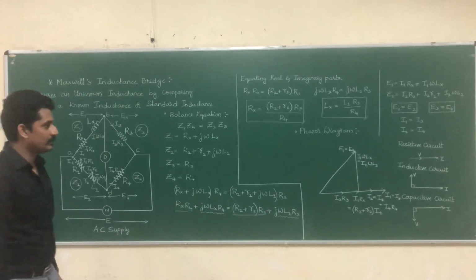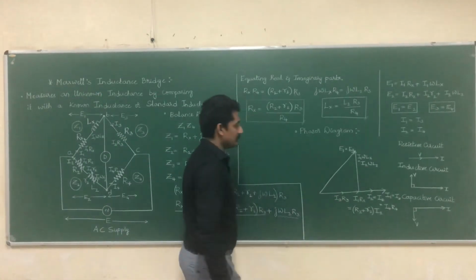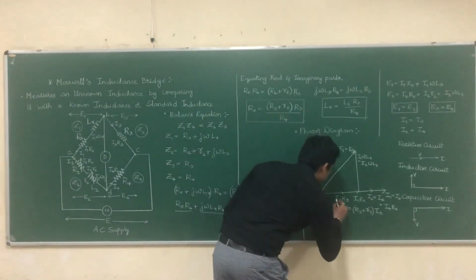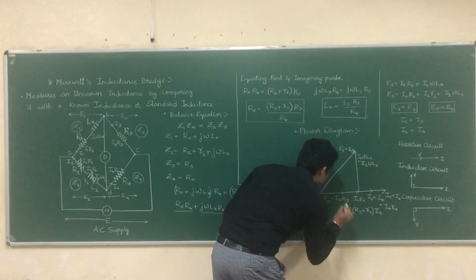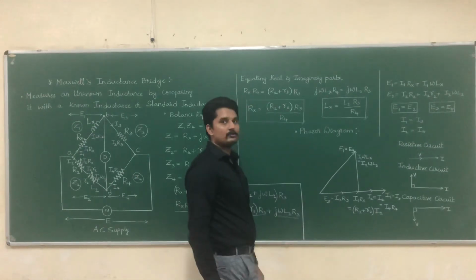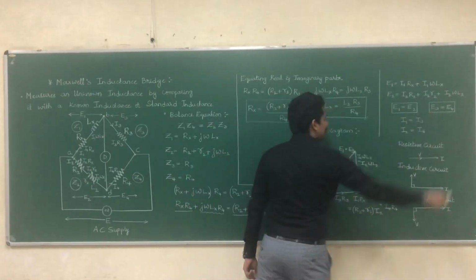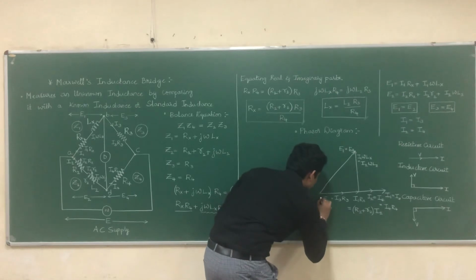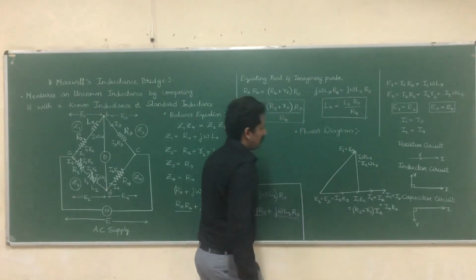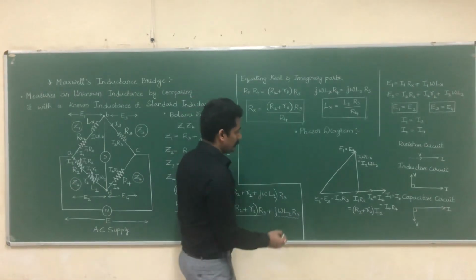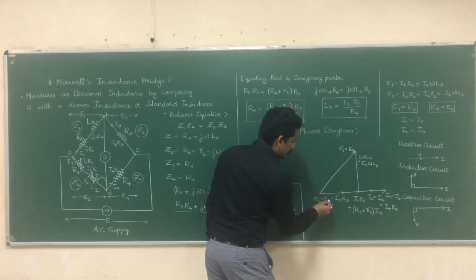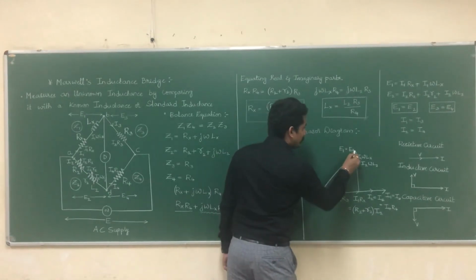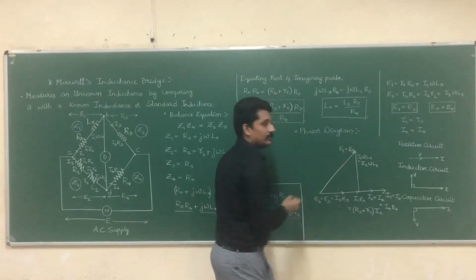Okay. So now this I3 R3 is equal to E3, and this E3 is also equal to E4 under balanced condition. Now if you observe here, at this point I am having E3 and E4, and at this point I am having E1 and E2.